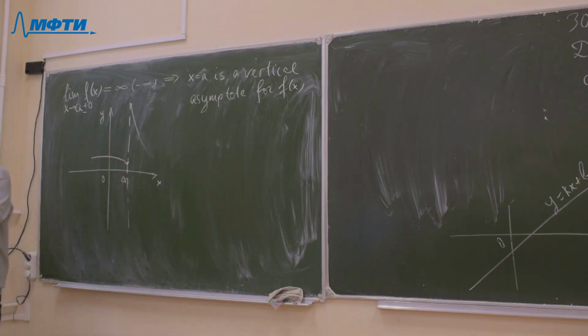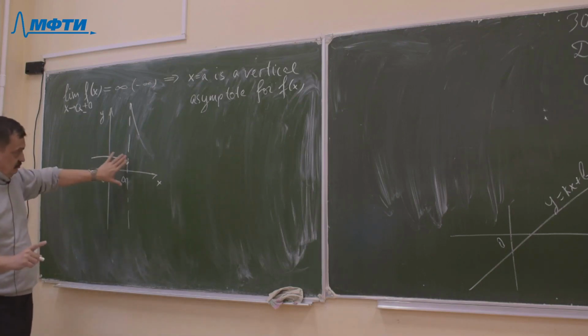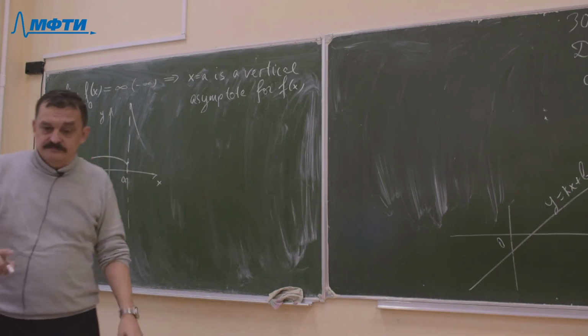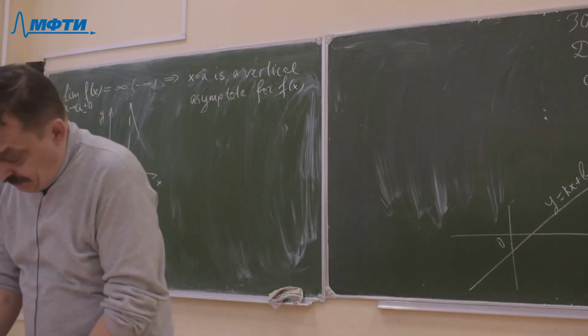From one side the graph approaches the asymptote, and it's enough. We don't care about the other side.